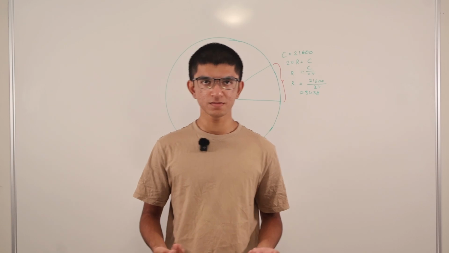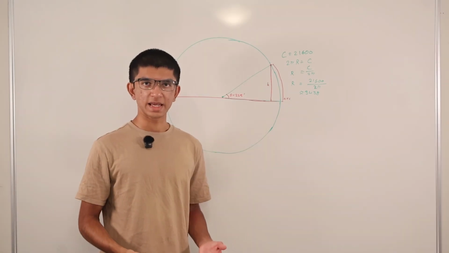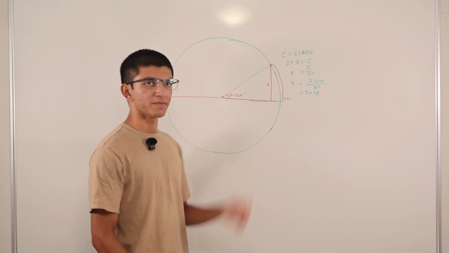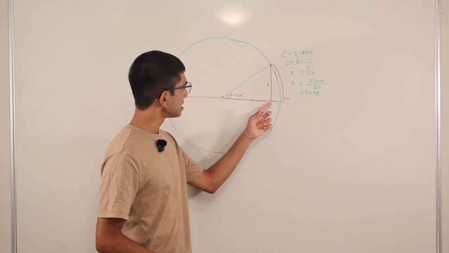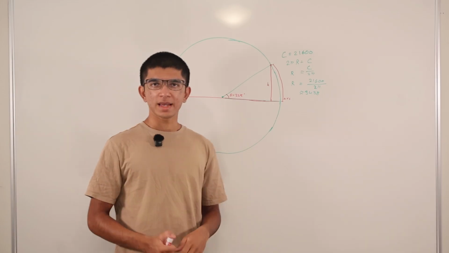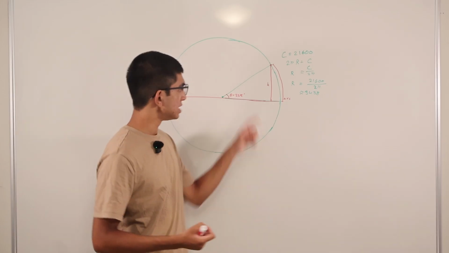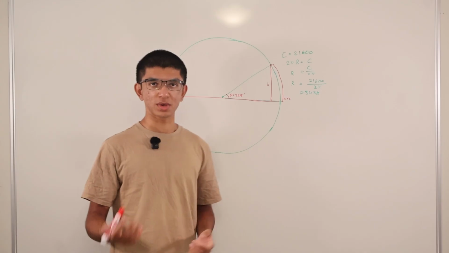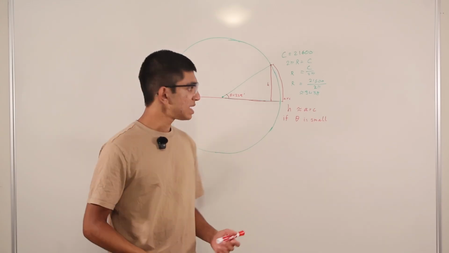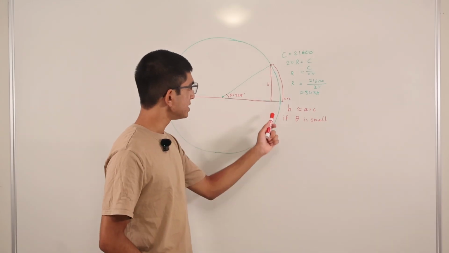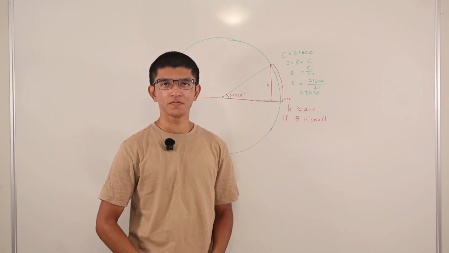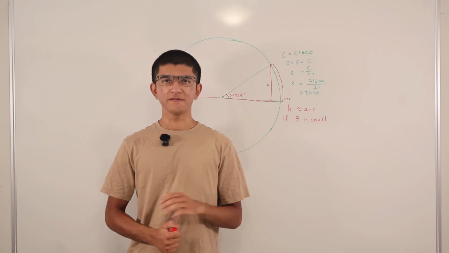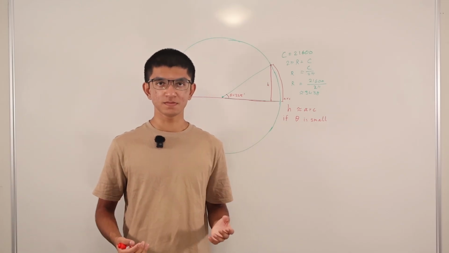So, for example, if the arc between two radii is 225 arc minutes, the height of the point from the horizontal diameter, in this case h, will be very close to the arc length, which we know is 225. So we can say that the height will be equal to the arc length if theta is quite small. This observation gives Aryabhata the first entry into his sine table.